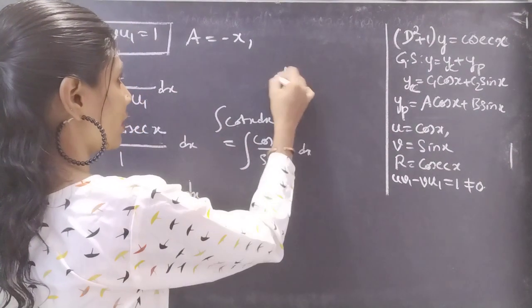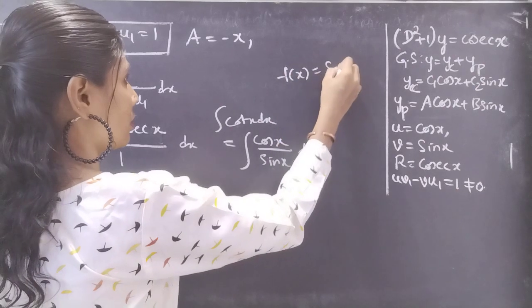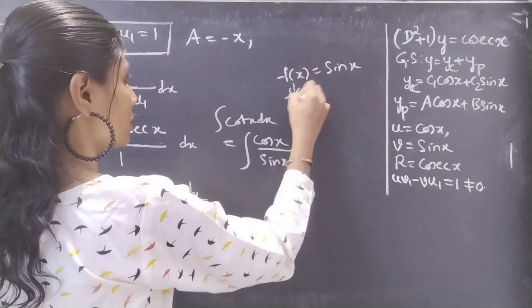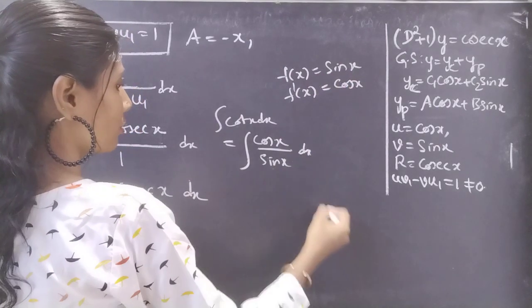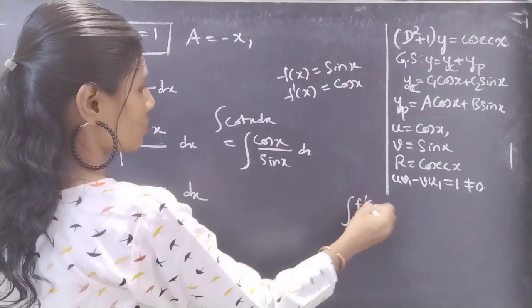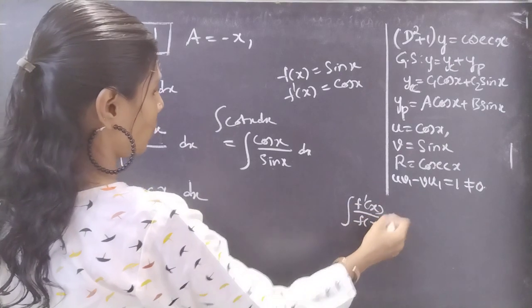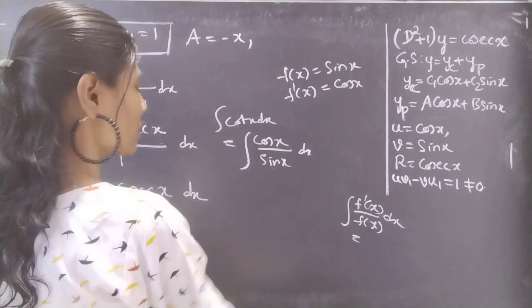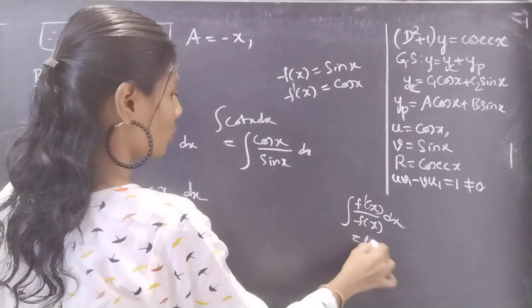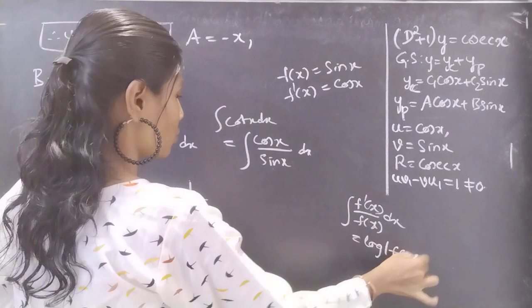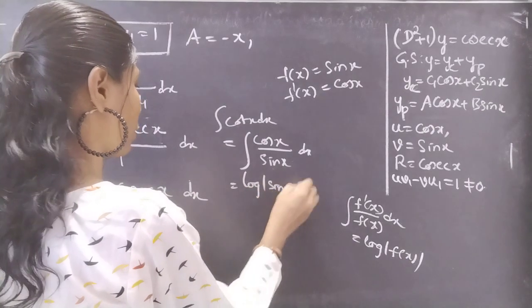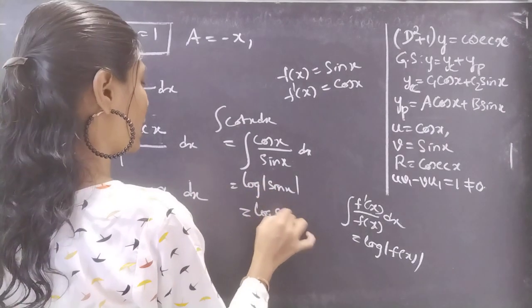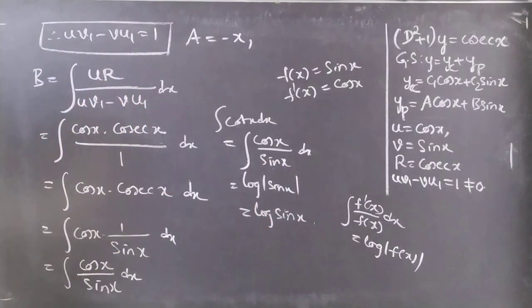If f of x equals sin x, then f dash of x, the derivative of sin x with respect to x, is cos x. So this is of the form integral f dash of x by f of x into dx. We know that integral f dash of x by f of x into dx is log mod f of x. So we'll get log mod sin x, or log sin x simply, right?